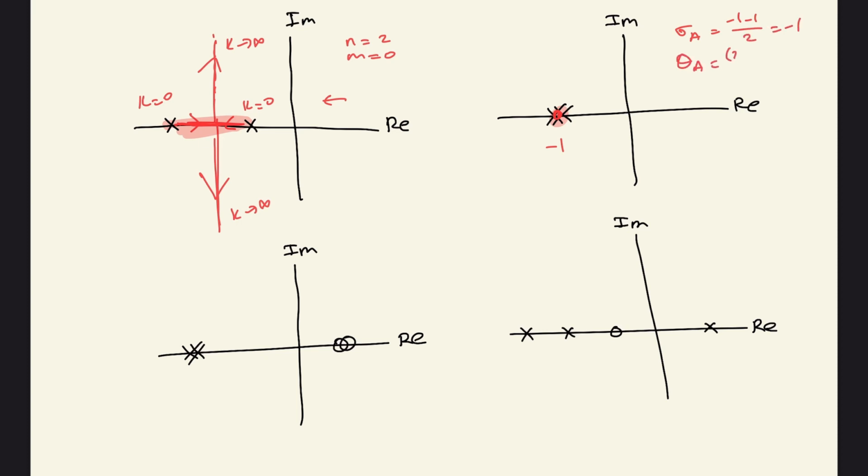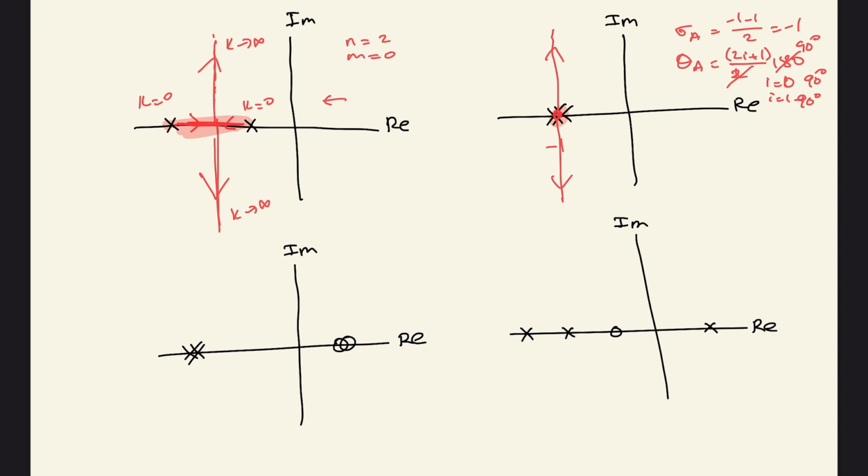Angles: (2i plus 1) divided by (n minus m), which is 2, multiplied by 180, or 90 degrees. If you give i equals 0, you get 90 degrees, i equals 1, minus 90 degrees. So you will follow asymptotes like this.